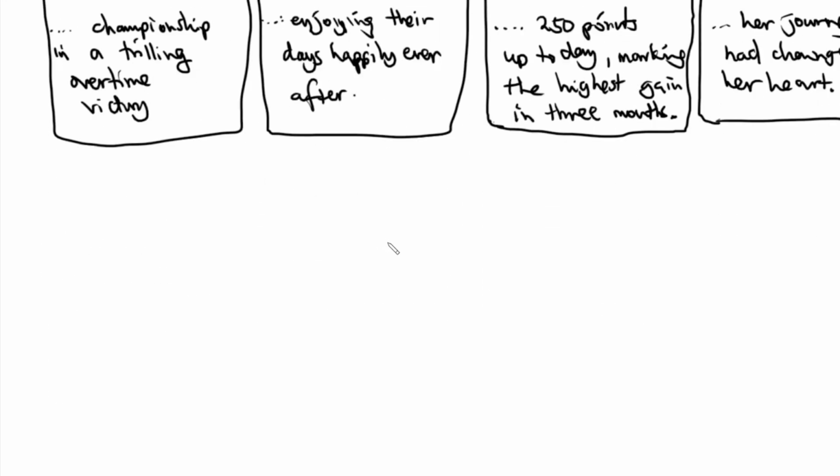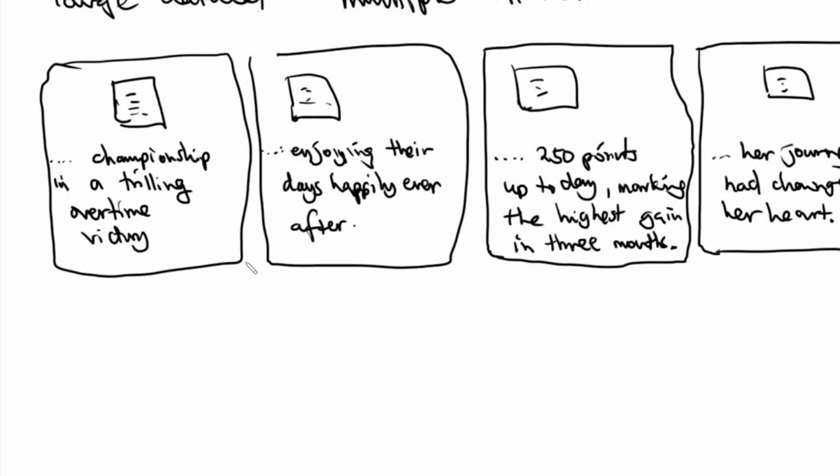So let's see how that will happen. We are going to concatenate these texts into one text, and when we concatenate them, we are going to create something like this. Let me cut off some of the words so I don't have to write all of them. So it will say in a thrilling overtime victory. And then we add the end of text token.